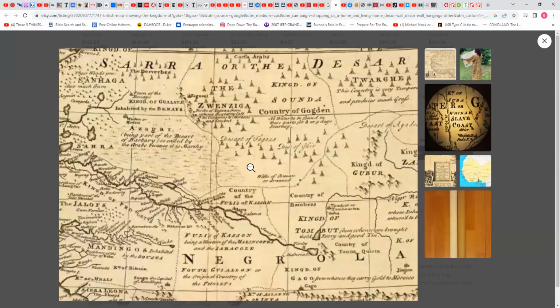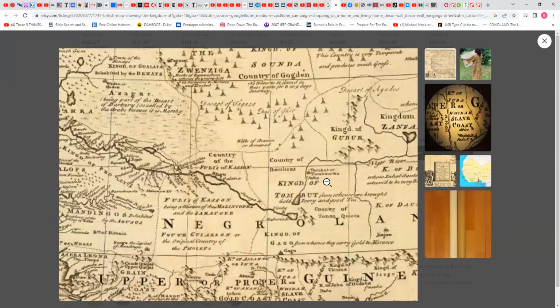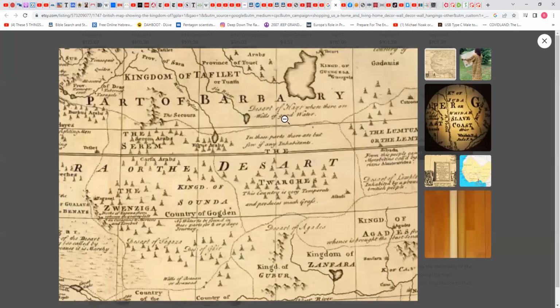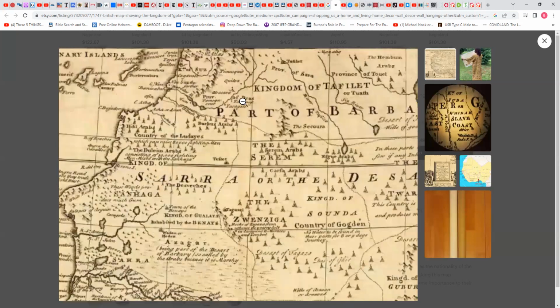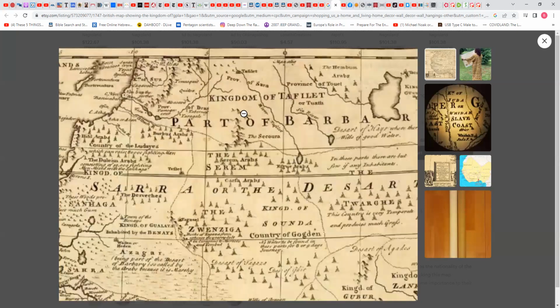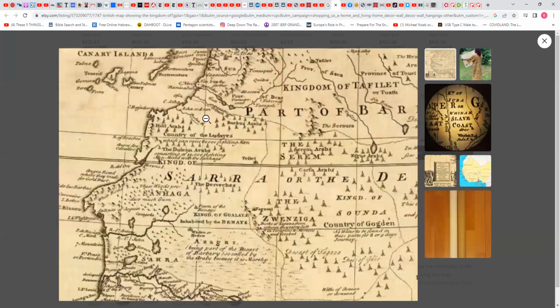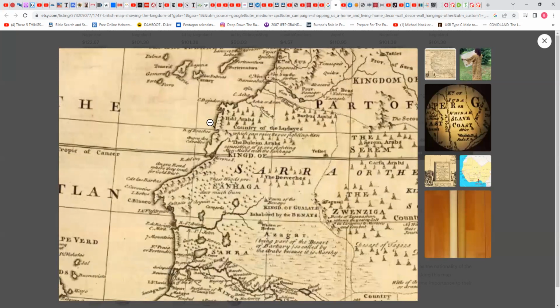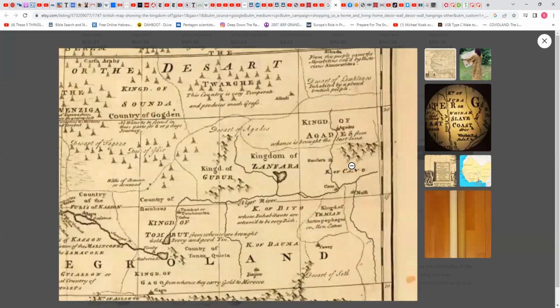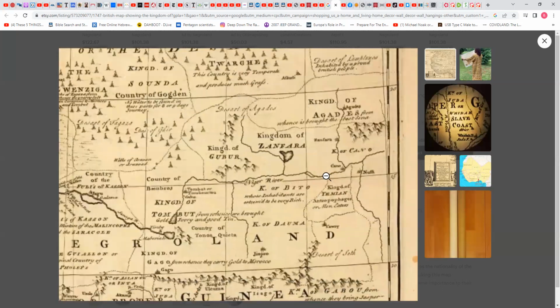These are Europeans that put this map together. It tells you in Deuteronomy 28, a nation from far speaking a language that you don't understand. That's talking about, it started with the Romans all the way up until this time period.